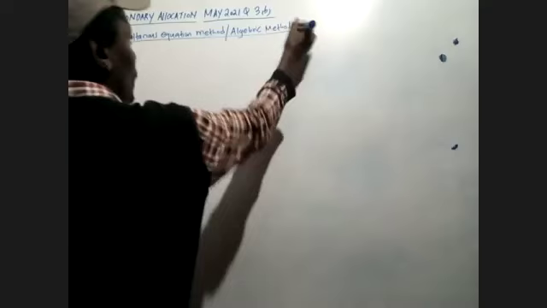Algebraic method. So this is the formula. Let me give you the formula. Imepotea kidogo tu. So the formula it is here.